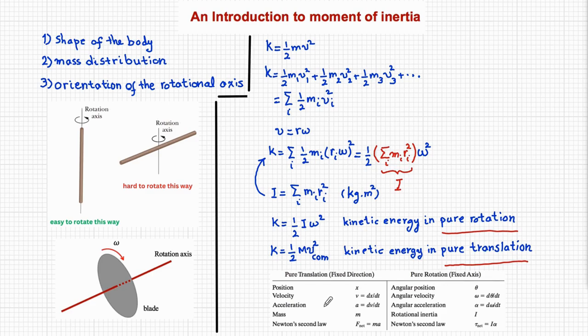The equivalent of acceleration is angular acceleration. And the equivalent of mass is rotational inertia that we discussed here. And also, Newton's second law, which is given by F equals ma, in rotational motion will be torque equals I times alpha.